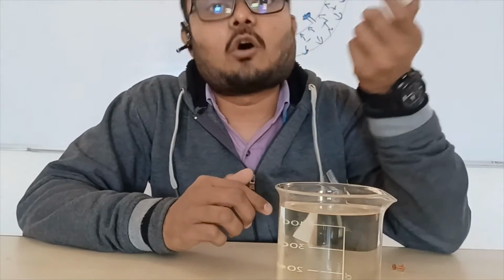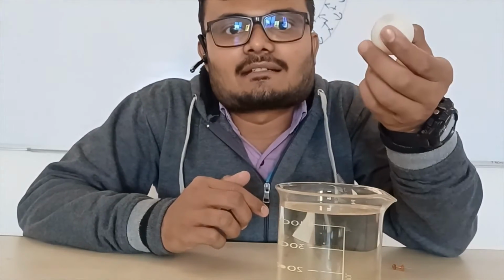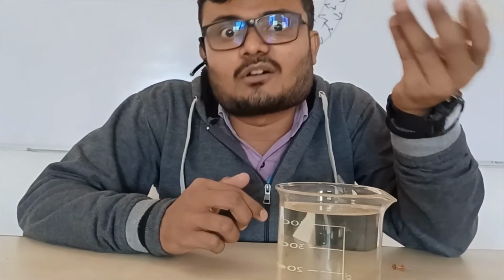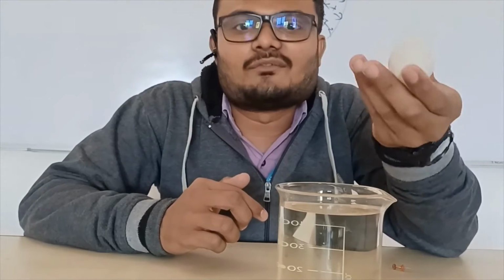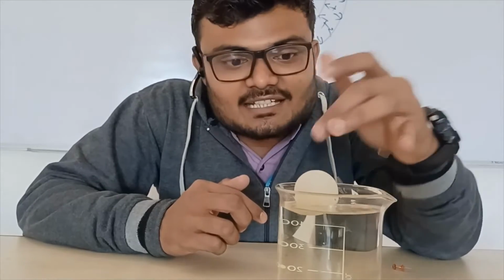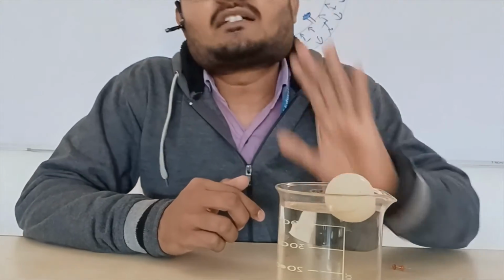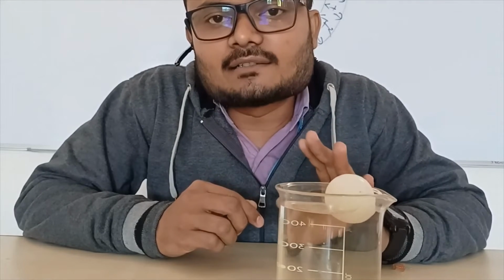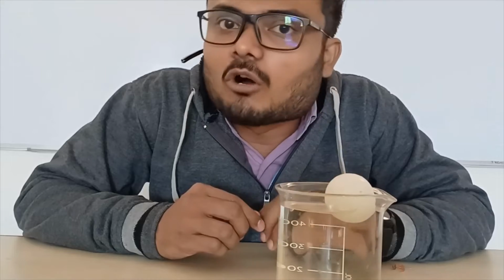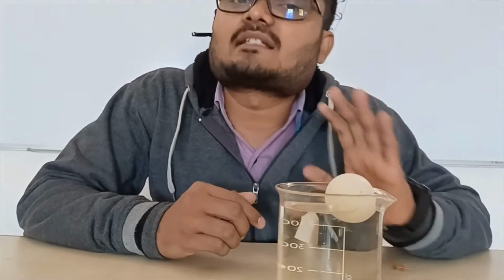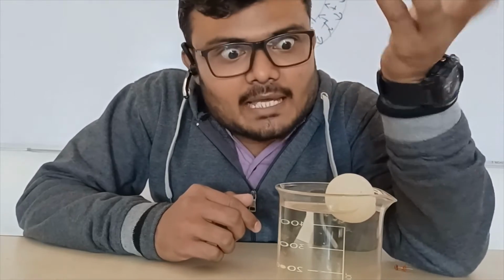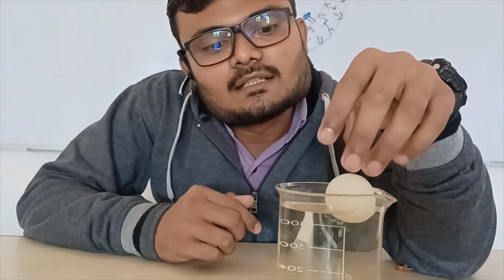Obviously, because it is plastic, it will float, right? As you can see, it is floating. But what will happen if I try to submerge it into the water? We have to apply some force to it, so let's apply force with our bare hands.